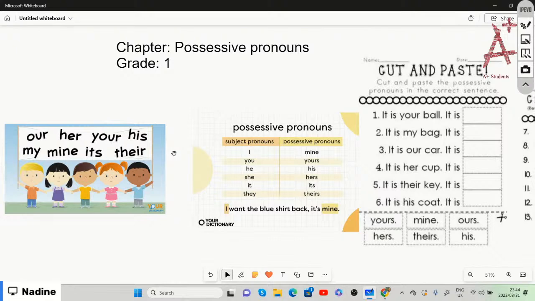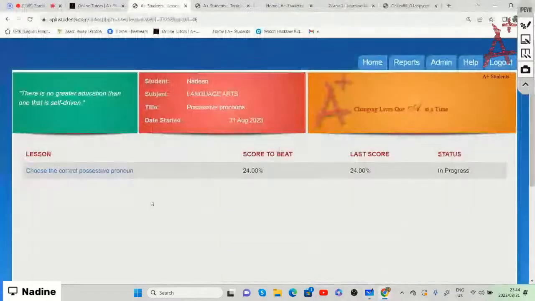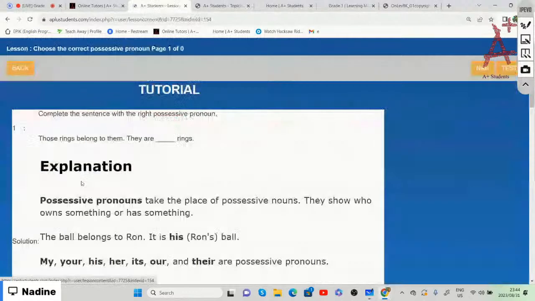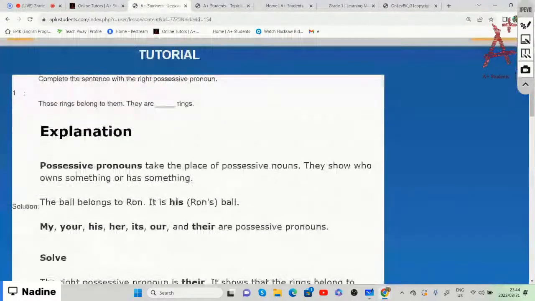We don't just say it is, we must specifically mention it is hers, it is his, mine, theirs, and so on, right? So that is possessive pronouns. And we said possessive pronouns take the place of possessive nouns.